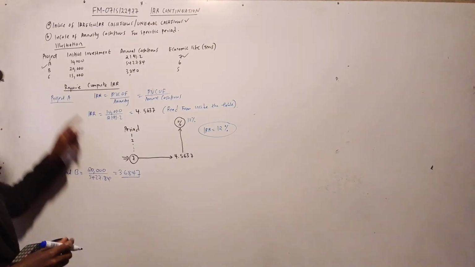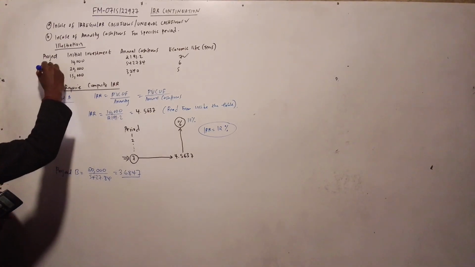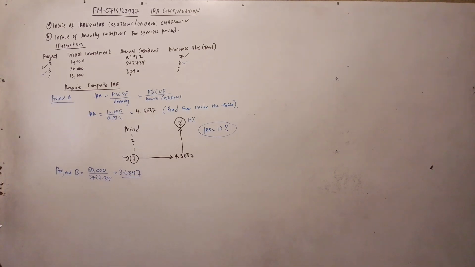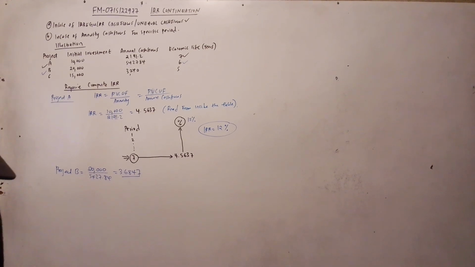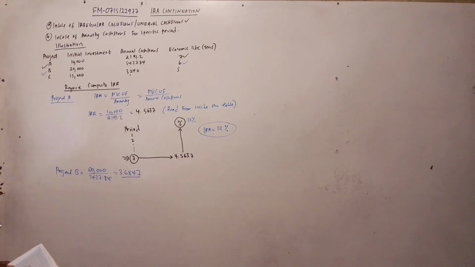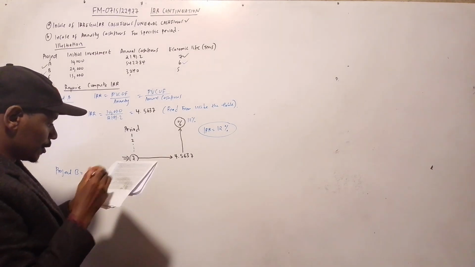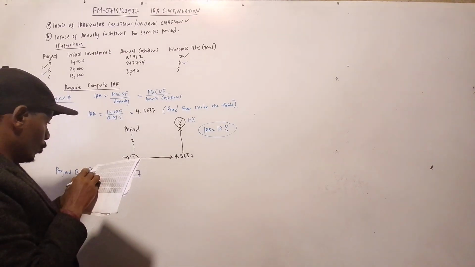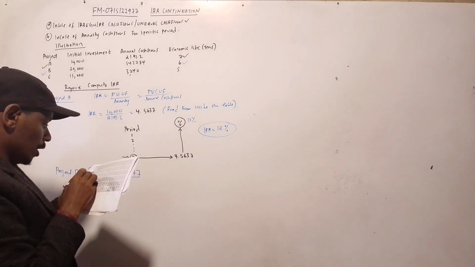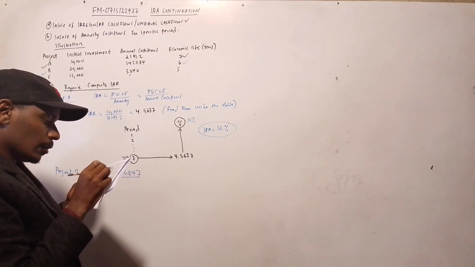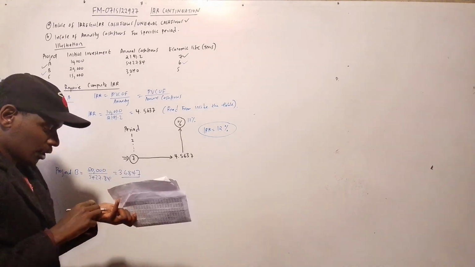Now you go to the table. So we are at number B. You go to year 6, then you move until you get that factor, 3.6847. It is under 16%.